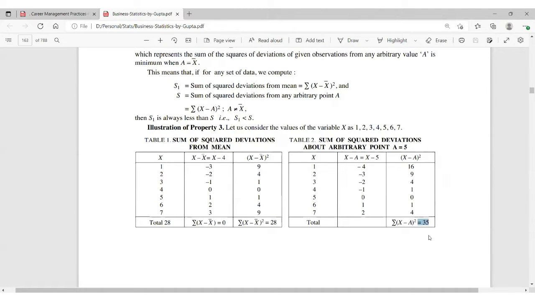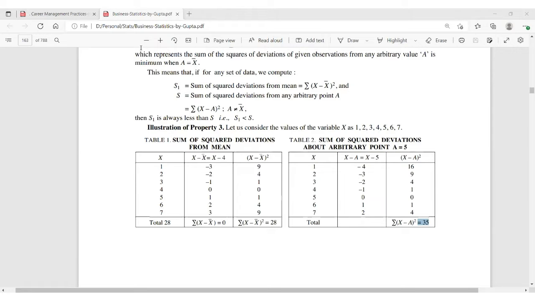That is, in this case, it is 35. Is that clear?